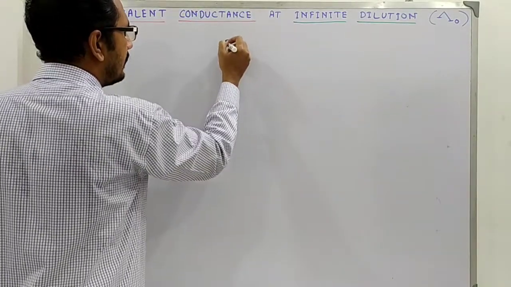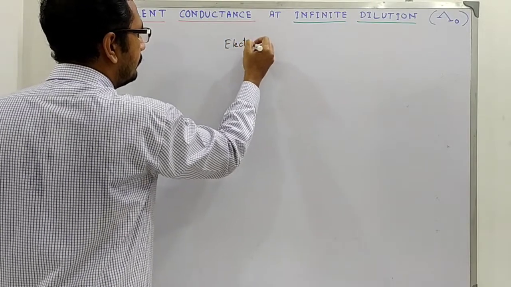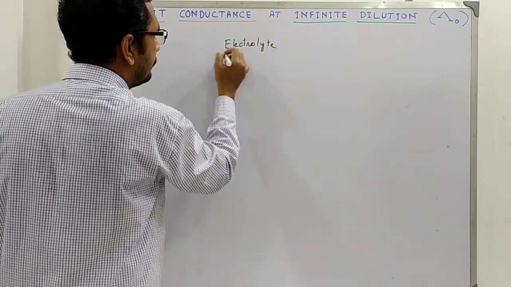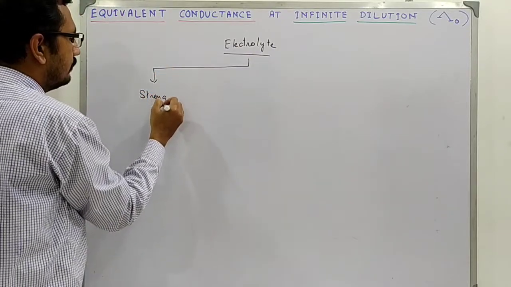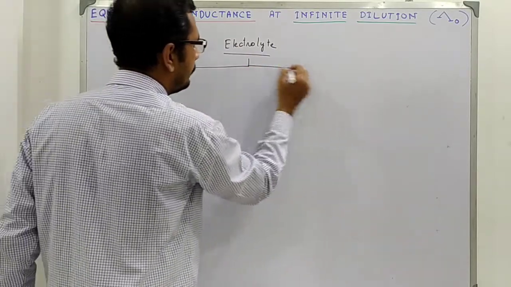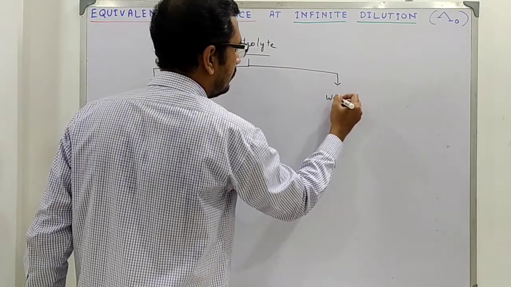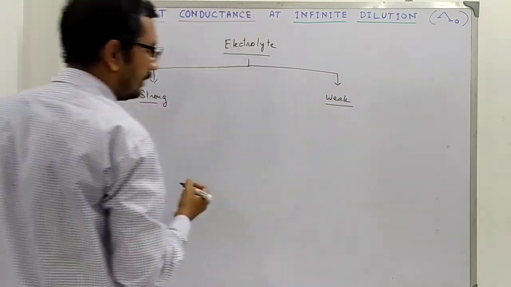So we will first classify electrolytes into two broad divisions. One is strong electrolytes and another is weak electrolytes.